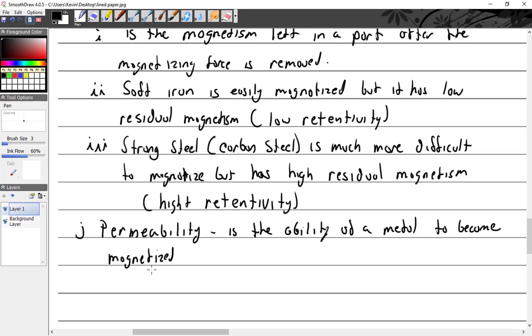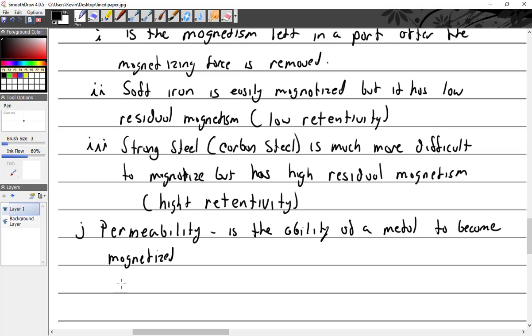So something can have high permeability, which means that it's easily magnetized, but how does that play into retentivity? That's a whole other thing. So I could easily magnetize something.